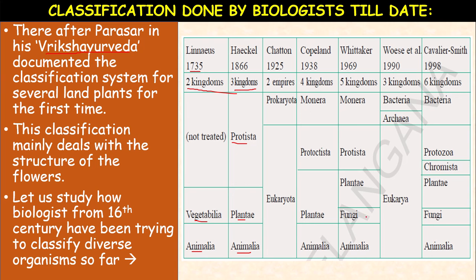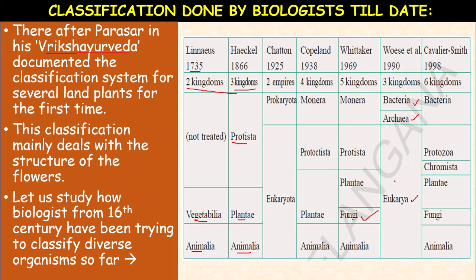So he separated the fungi. Next, Woese et al. in 1990 introduced three domains by name Bacteria, Archaea and Eukarya. This is also a well accepted classification.